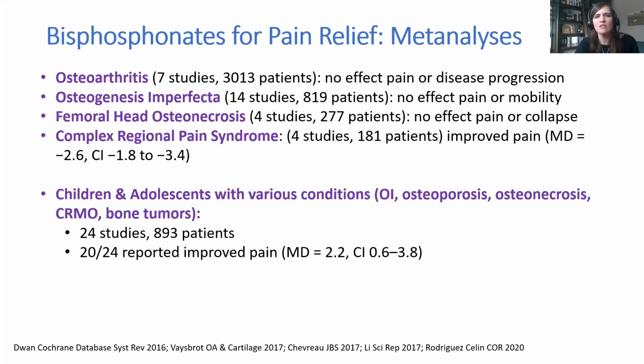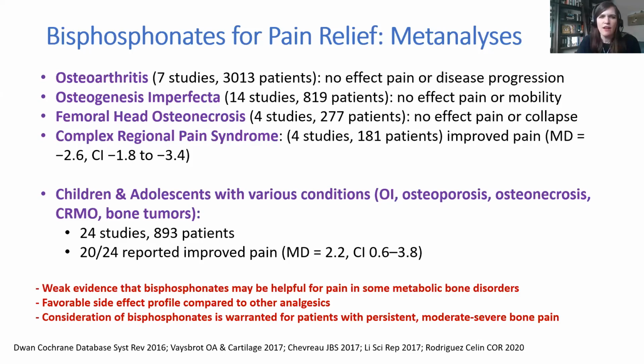Recently, there was a meta-analysis performed in children and adolescents with a wide variety of conditions: OI, osteoporosis, osteonecrosis, CRMO, and various bone tumors. This included 24 studies for a total of 893 patients, and 20 out of 24 of these studies did show an improvement in pain.